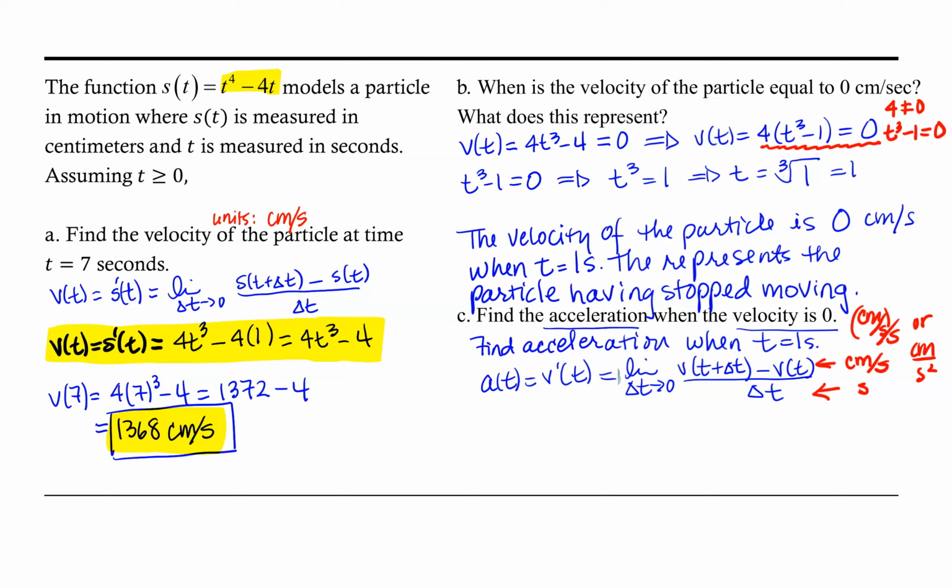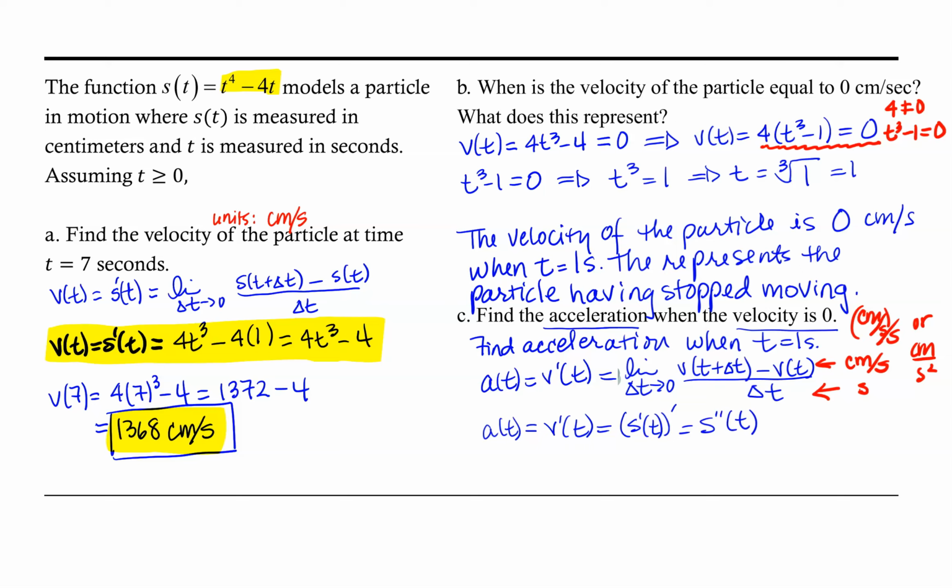Either one would be fine. So notice that acceleration is the derivative of velocity. And so we're taking the derivative of s prime of t, which means that, in essence, acceleration is the second derivative of position.